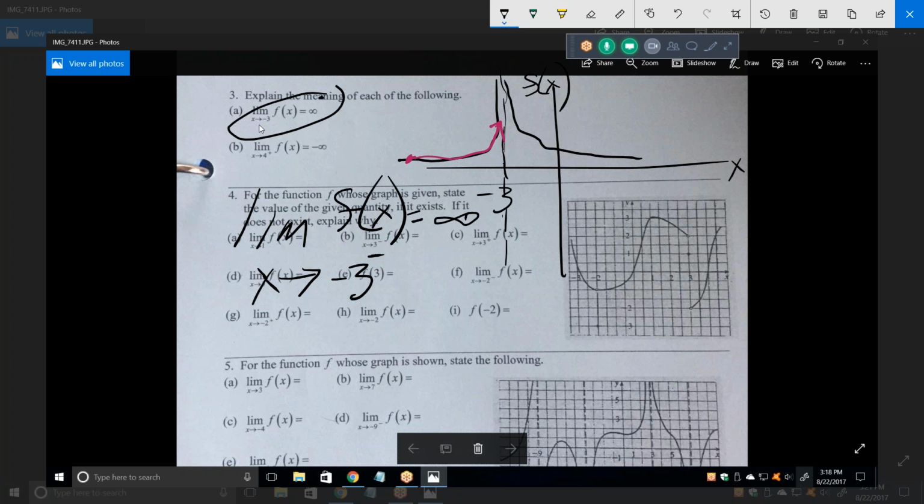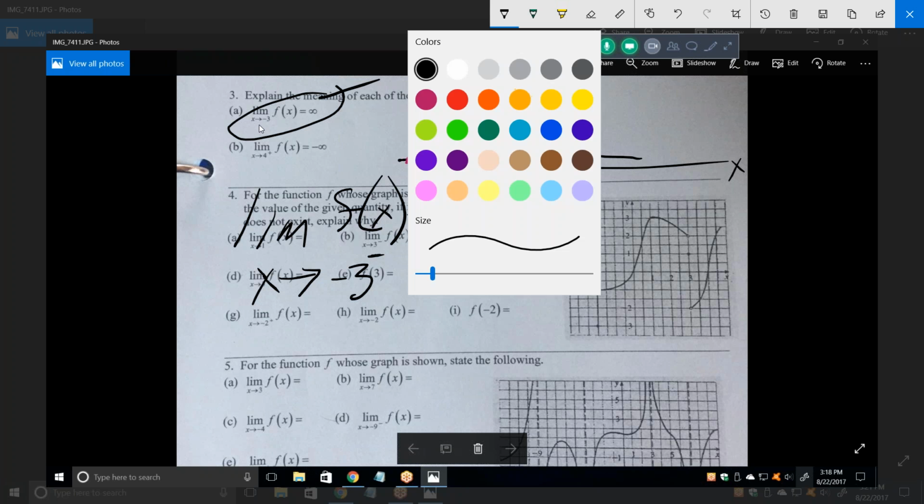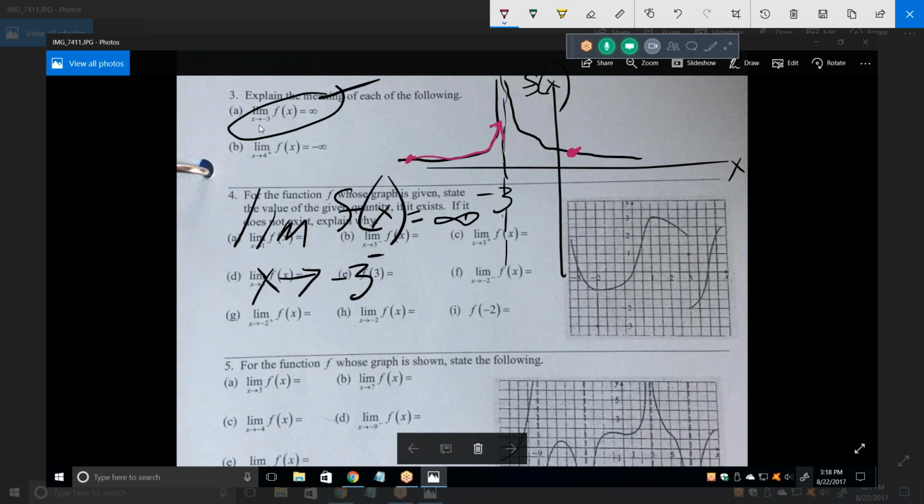So this statement would be illustrative of a graph that looks like this. In other words, there would be a vertical asymptote at -3, and as you approach -3 from the left, you go to positive infinity, or if I approach it from the right, in other words, if I hop on board the function and go this way towards -3, I'm also headed towards positive infinity.